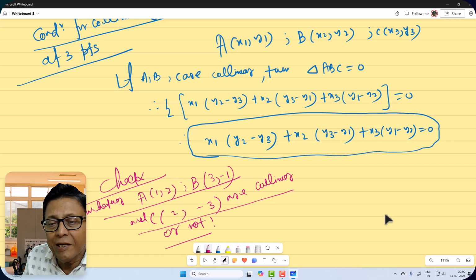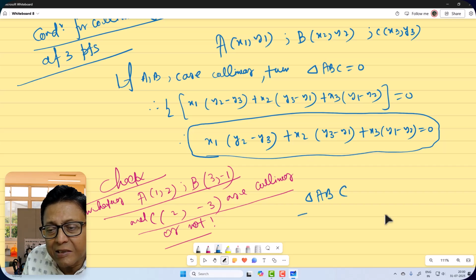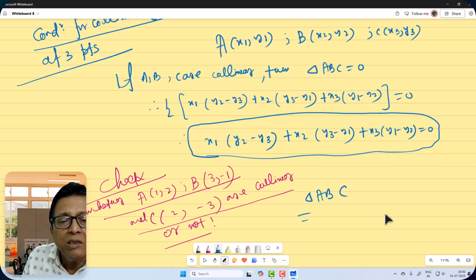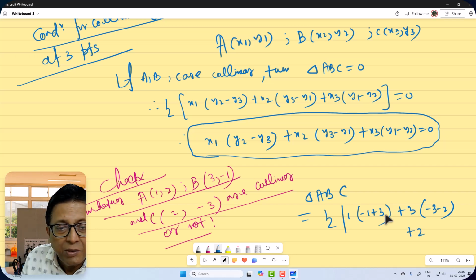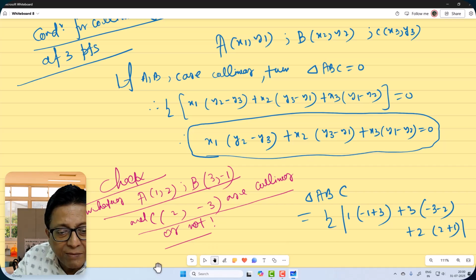So you just find the area of ABC. If it is equal to 0, then they must be collinear. Half, 1, plus 3, plus 2, 2 plus 1. Just simplify it.